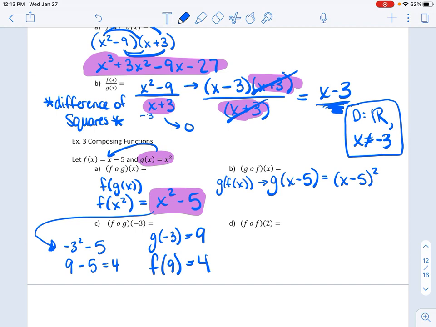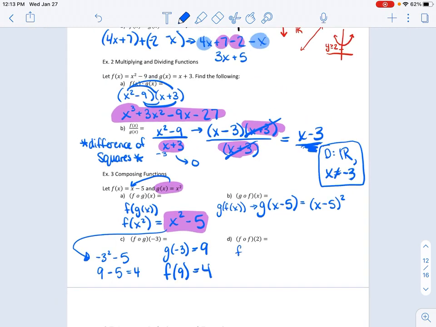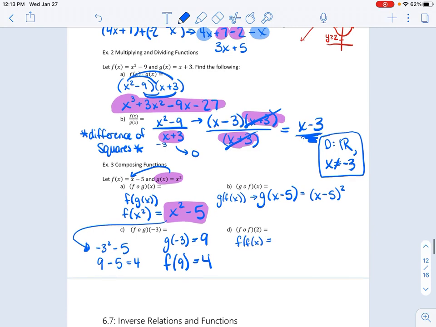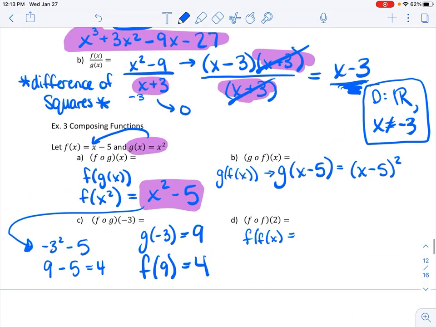And then f of f of 2. There's the two different ways you can do it. You can find f of f of x, like so, and then plug into it, maybe we'll want to say f of x, where x equals 2.